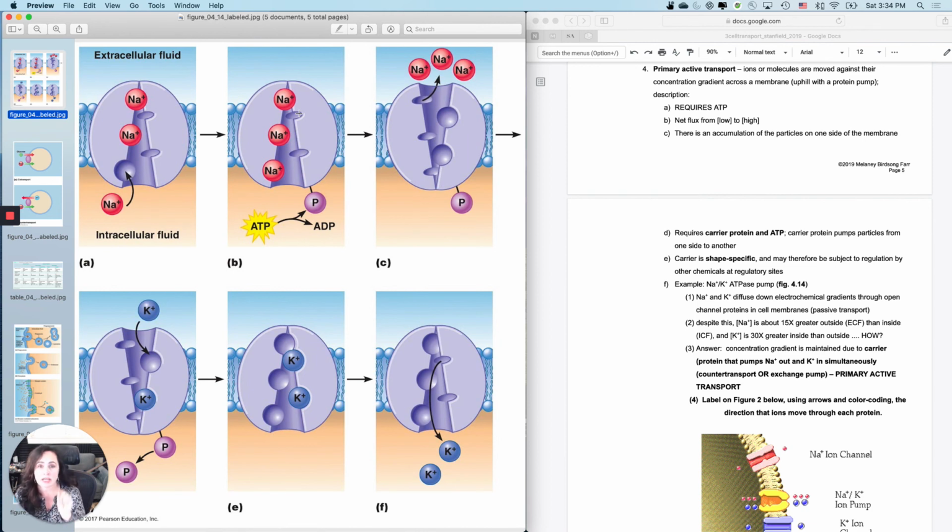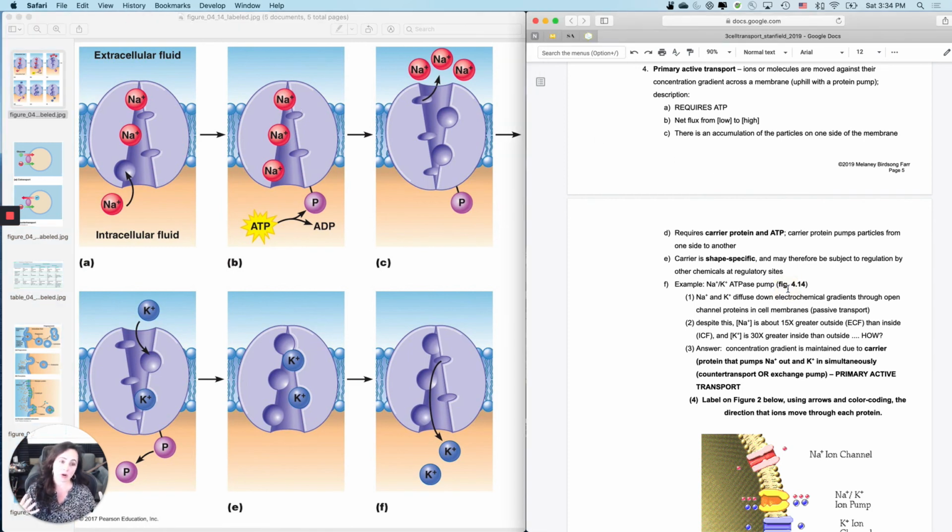So instead of just having you memorize the pump, what I'm going to do is build the setup for the pump and then put the pump in. So let's start doing that. We've got what seems like an oxymoron, because sodium and potassium are constantly trying to diffuse down their electrochemical gradients because they're ions and they're charged.